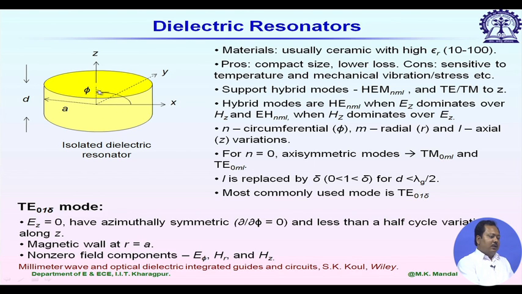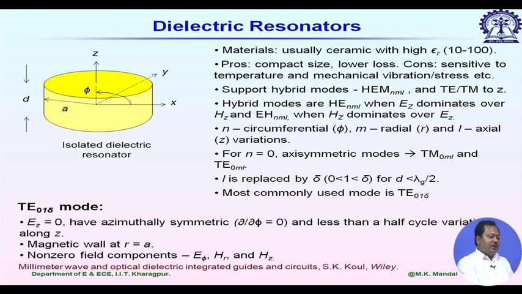So, it is of compact size, but the only problem we face is that it is sensitive to temperature variation and mechanical vibration. That is why it is not very popular in space applications, where we may have to deal with large temperature variation.